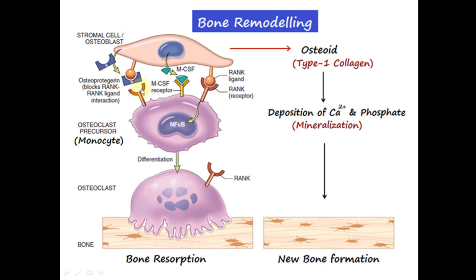So after a period of bone resorption, the osteoprotegerin is secreted by the osteoblast, and it will stop the osteoclast from causing breakdown.